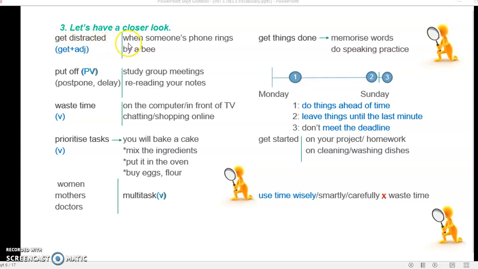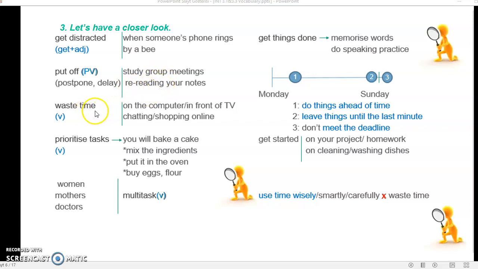After get distracted, you can continue the sentence with when you get distracted, or you can give us details about the reason. Use by. For example, you get distracted by, the reason is a bee. You can put off something like meetings. You can put a noun here. Or if you want to use a verb, action, please remember ing.